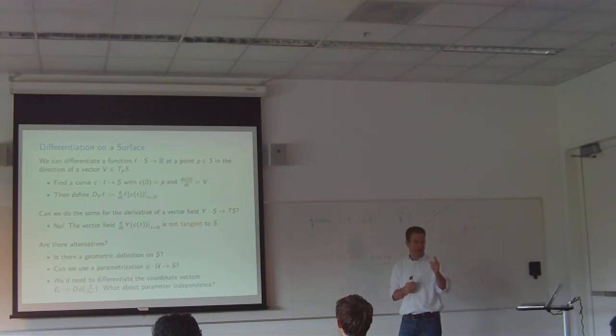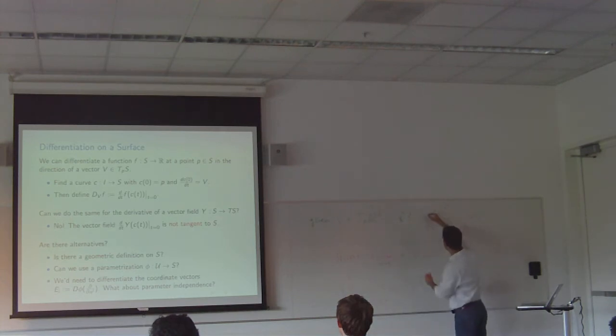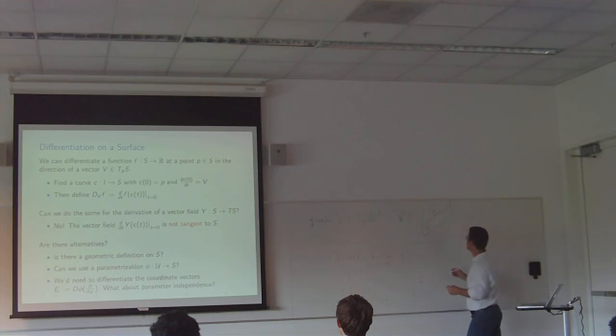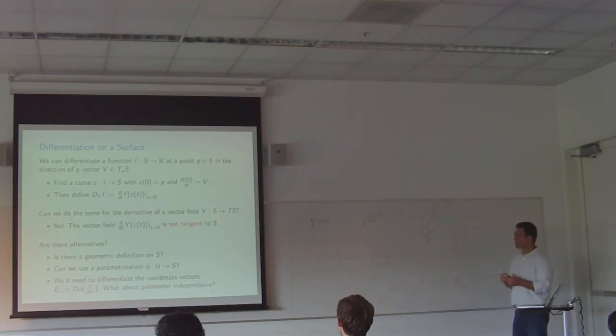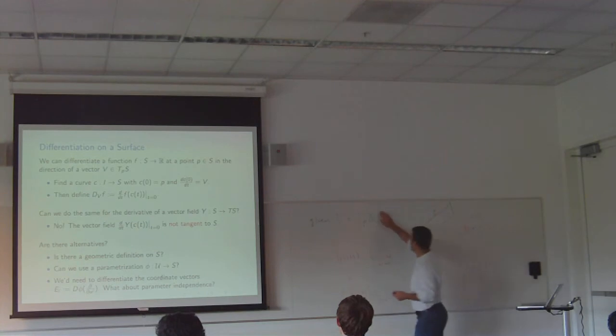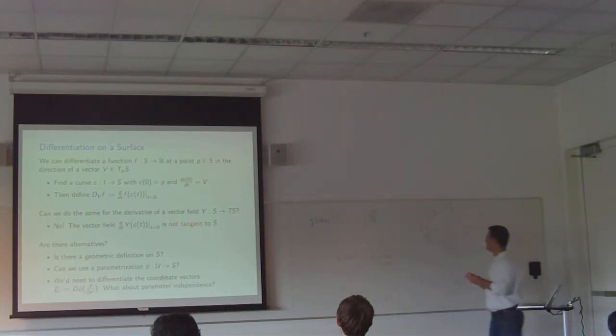You can evaluate f on a curve, except this time you just imagine that the curve you're interested in is living on a surface, and the vector v belongs to the tangent space of the surface. If you just erase all the stuff that refers to R3 and replace it with surface stuff, then the formula works fine.